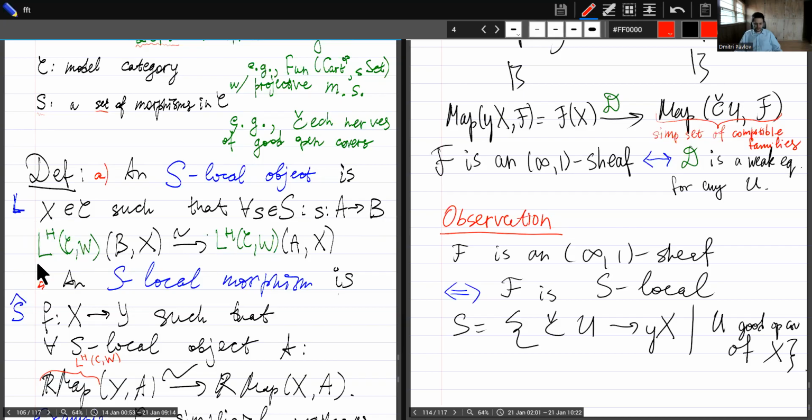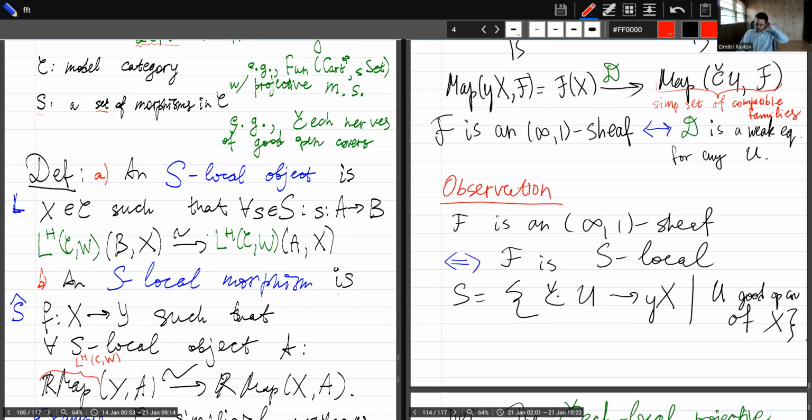And morphisms in the hammock localization are just derived mapping spaces. So we see that the locality condition for the maps from the Čech nerves to the object they cover is precisely the infinity-1 sheaf condition. So the locality condition would read: R map from Yx to F to R map from the Čech nerve to F is a weak equivalence.